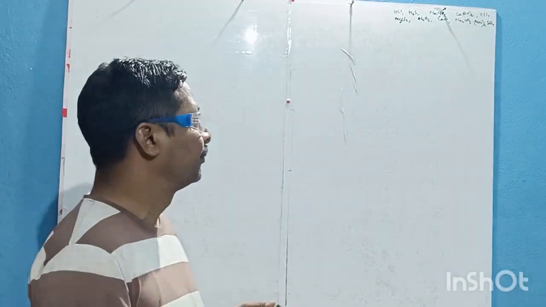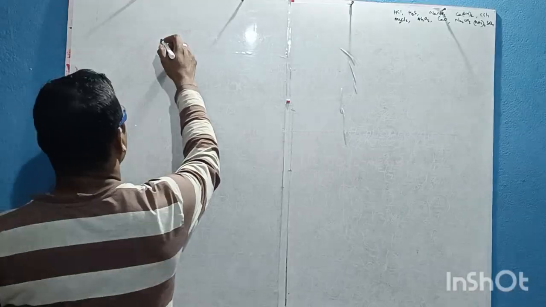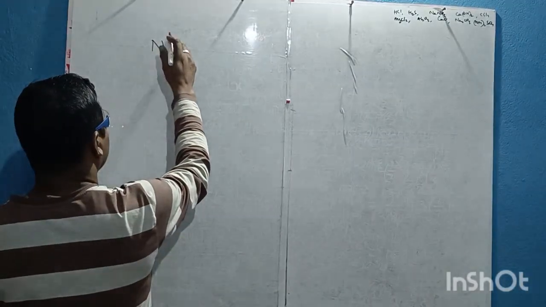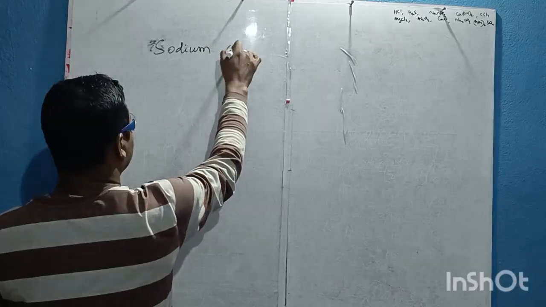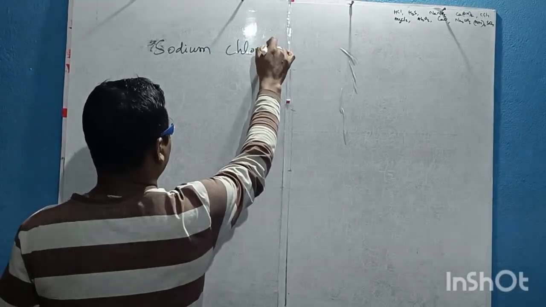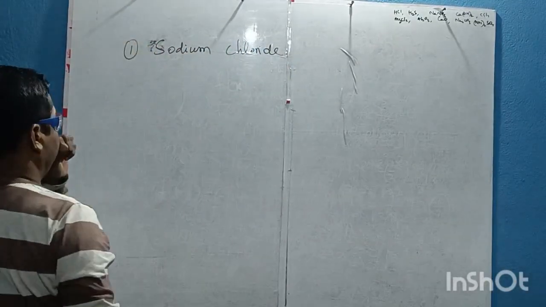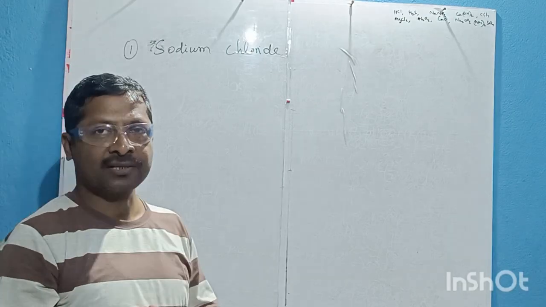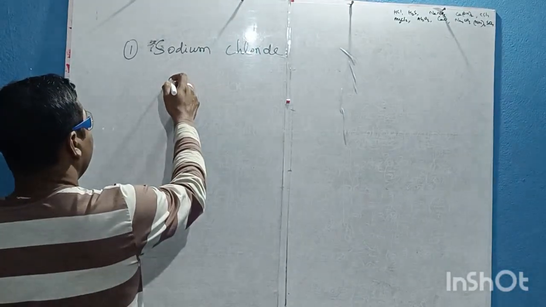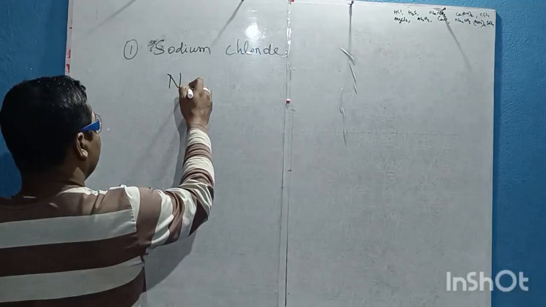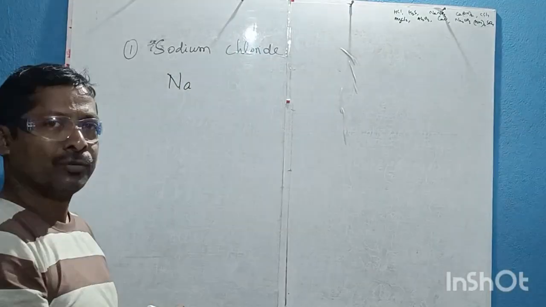First of all, suppose sodium chloride. The first step is to write down the symbol of the elements from which it is made up.